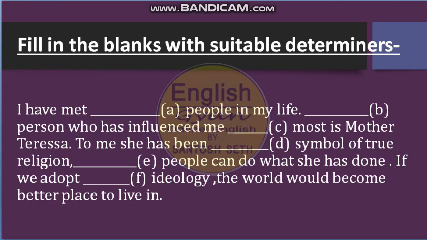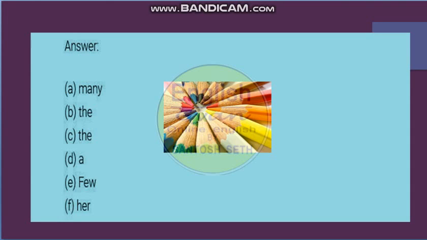And to me she has been, yes, guess, few, some, many, like this. Okay, I think it is time to tell you the right answer. The right answers are: first one is many, B, the, C, the, D, a, E, few, and F, her.